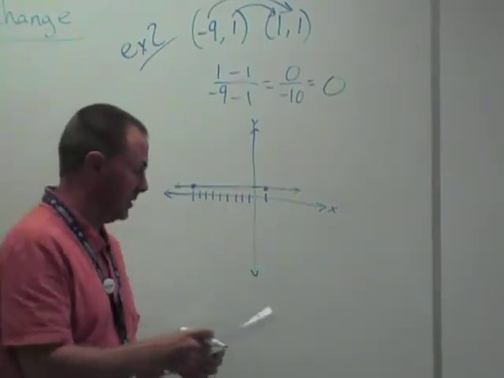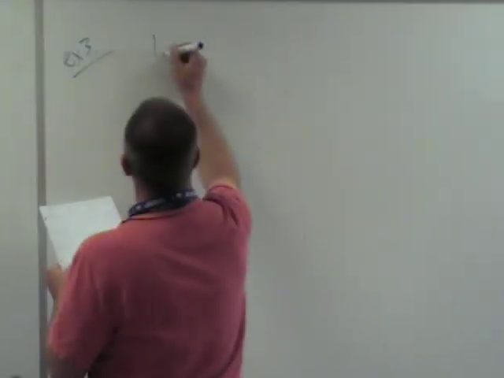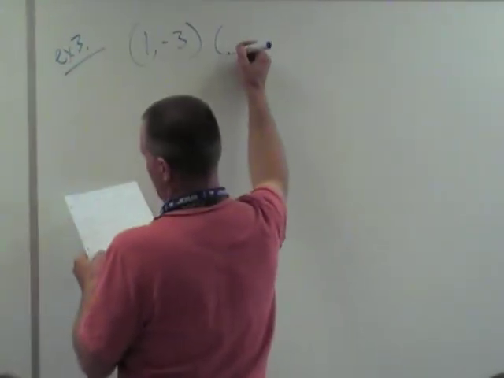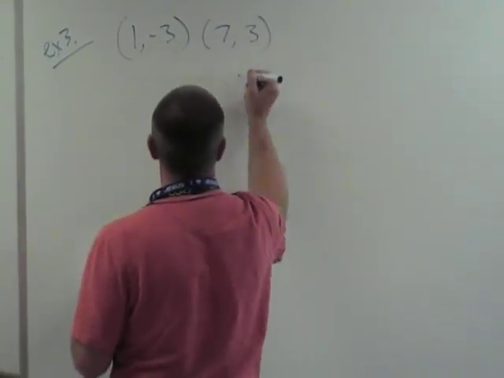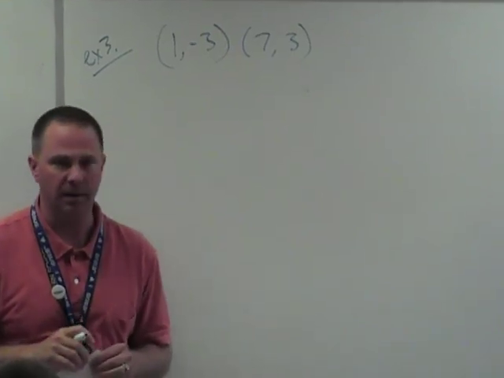Okay. Example 3. Now let's do a real one. 1, negative 3, and 7, positive 3.